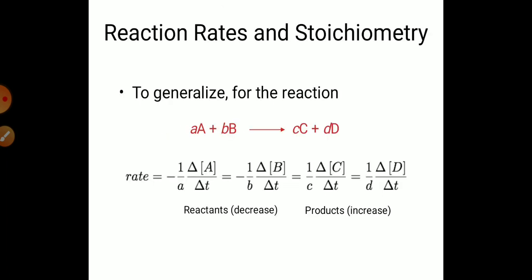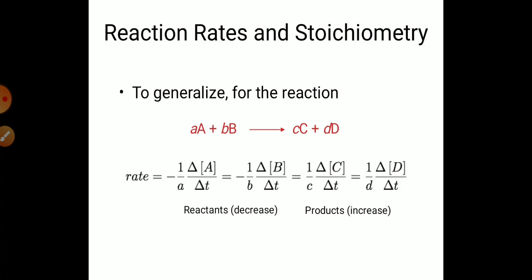Now the reaction rate and stoichiometry: if we generalize the reaction as aA plus bB converting into cC and dD, these small a, b, c, d are the moles of the reactants A and B, and C and D are the products. The reactants decrease, so they carry a minus sign, and the products, which are produced or increase, carry a plus sign.